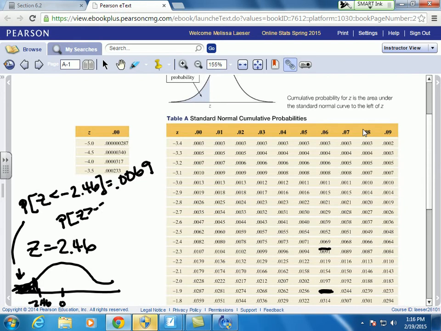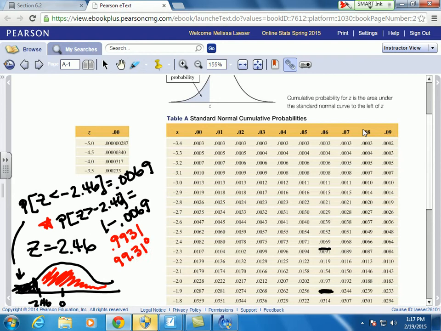Vice versa, you can use the idea that it's symmetric, that if you want the probability that z is bigger than -2.46, you will do 1 minus 0.0069, because you're taking the whole probability distribution and subtracting off the tail of it that's shaded. So you're finding all of this probability in this example, and that is equal to 1 minus 0.0069, or 0.9931, or 99.31%.